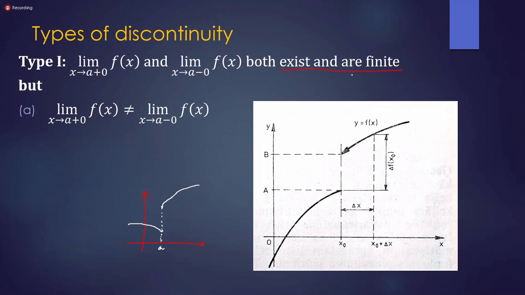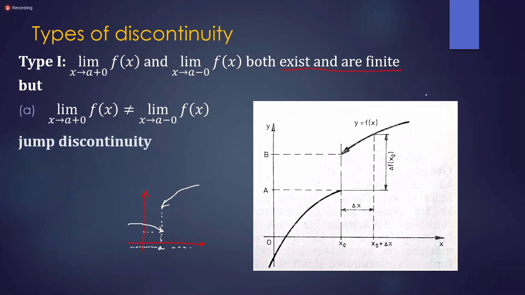On one side, as we move on to a, the function value tends to one specific value. On the other side, as we approach a, the function tends to something completely else. So the two one-sided limits do exist, but they are not the same. Naturally, we call it the jump discontinuity, because the function simply jumps, and that's it.